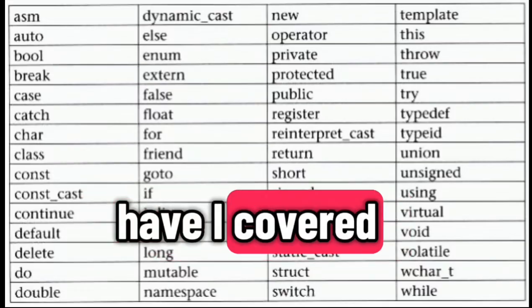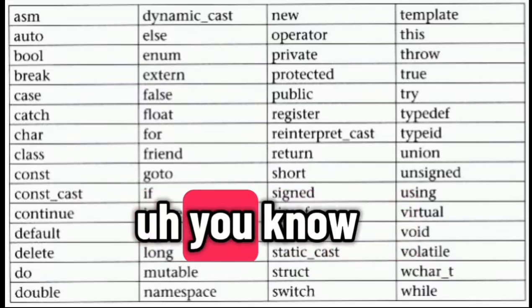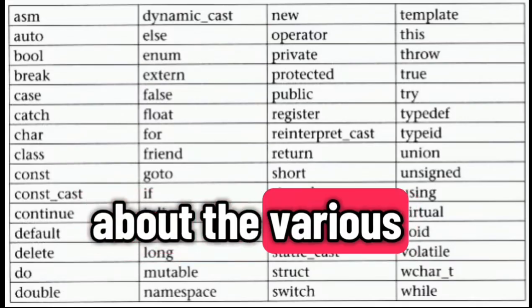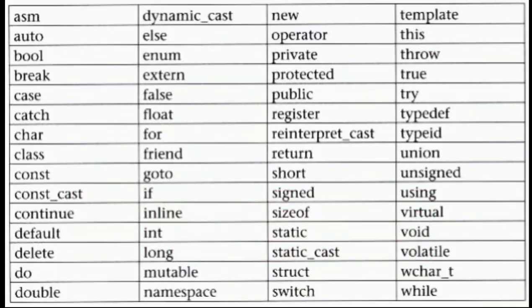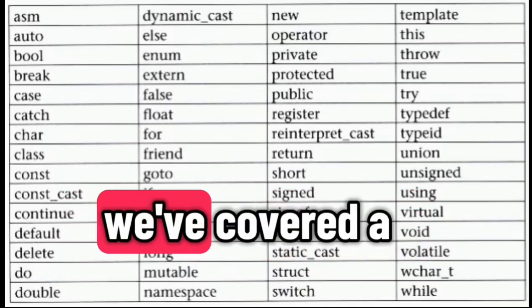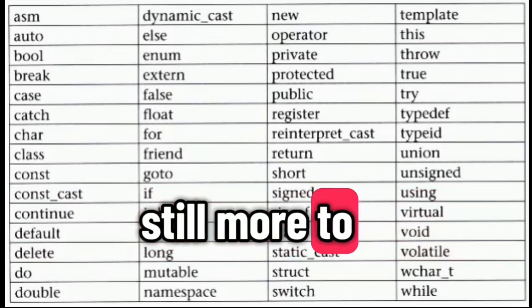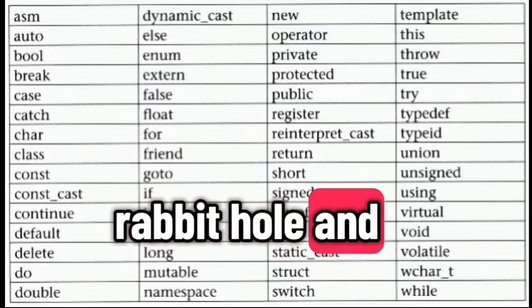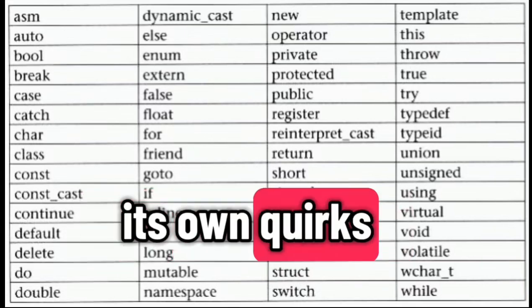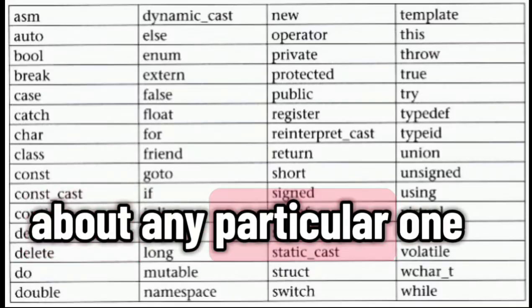Have I covered all the keywords, or do you want to talk more about the various other keywords? We've covered a bunch of important keywords, but there are still more to explore if you're up for it. It's a deep rabbit hole, and each keyword has its own quirks and uses. Let me know if you're curious about any particular one.